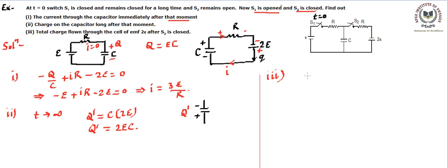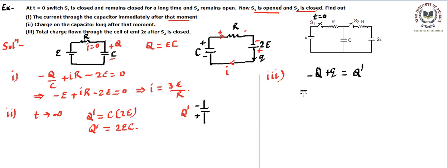This Q charge is added to the minus CE that was earlier on that plate, so that the final charge becomes positive, q dash, as per this calculation.